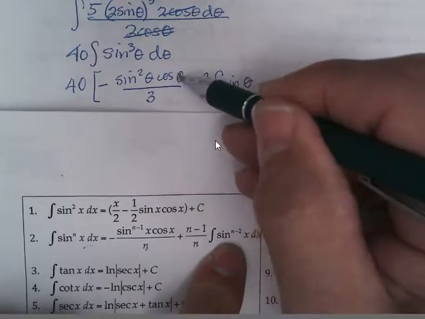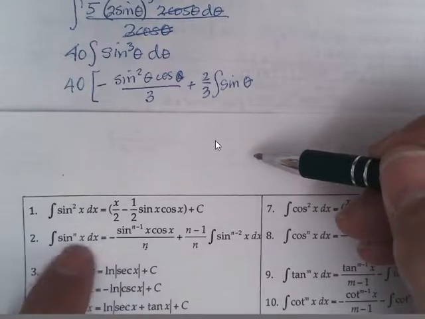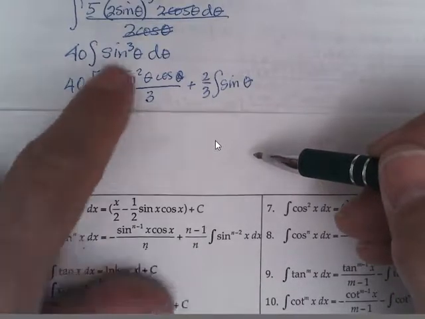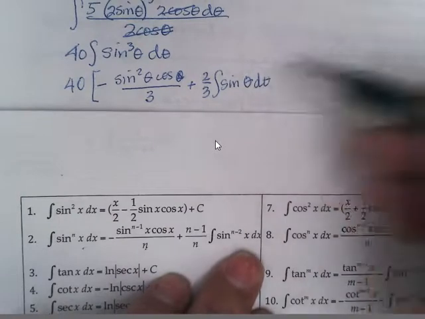Oh, and these are all thetas, even though this formula says for x, it's assuming the variable is x, but our variable is theta, so we need to have it all in thetas, d theta.